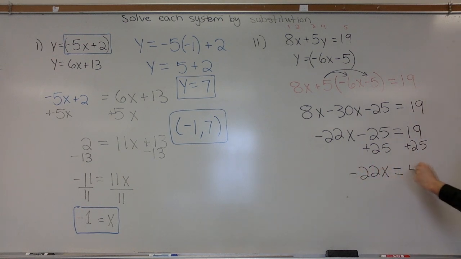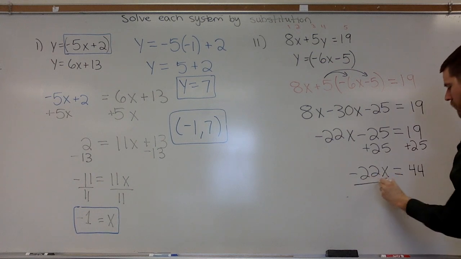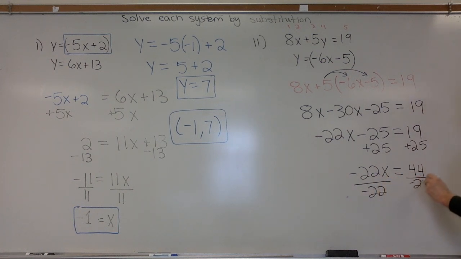As a final step, I'm going to want to get rid of this coefficient. Again, I'm leaving the x where it is, so I have to use division to break that off. Division is going to separate the number from the letter. And I have the hardest part, which was getting an x value.